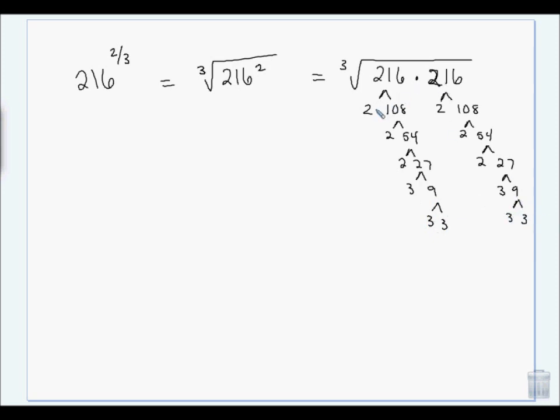So I have 2 sets of 2s and 2 sets of 3s. So what this equals is 2 times 2 times 3 times 3, which is 4 times 9, which is 36.